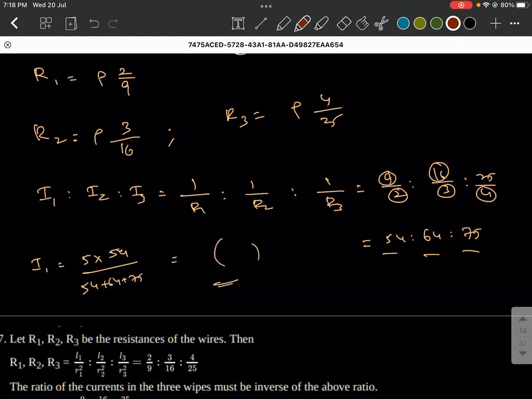The answer is given as 1.4, I2 is 1.66 and I3 is 1.94. If you add all three, you should get 5. I2 will be 5 into 64 divided by the sum.